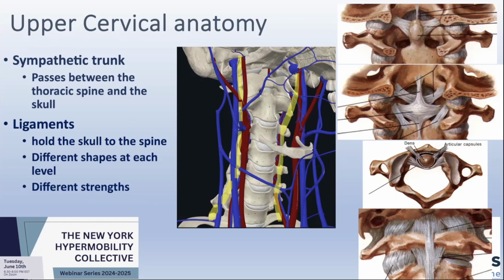And then in addition to that, there are ligaments that hold the spine together, and they move in different angles depending upon where they are. There are some ligaments that are especially suspect in patients with conditions like Ehlers-Danlos syndrome, or patients who have had trauma that has put excessive rotational stress on the spine.